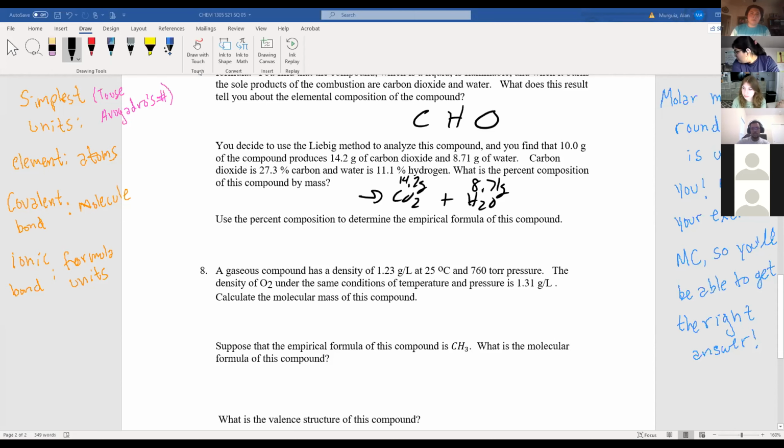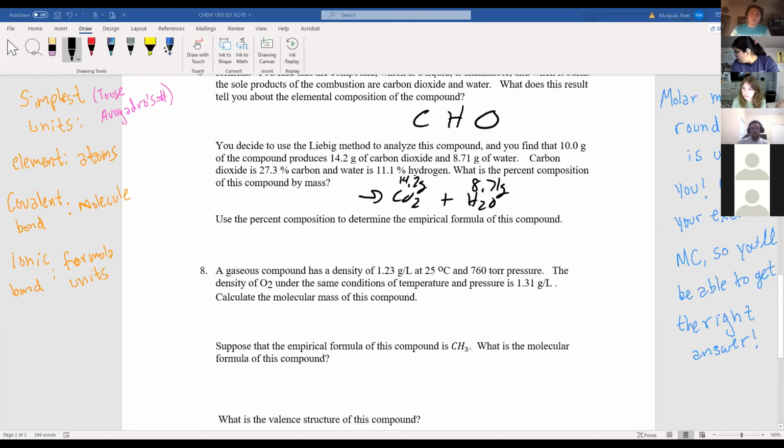It's 3.87 grams of carbon. So we know we have 3.87 grams of carbon within our whole reaction, because remember the conservation of mass.